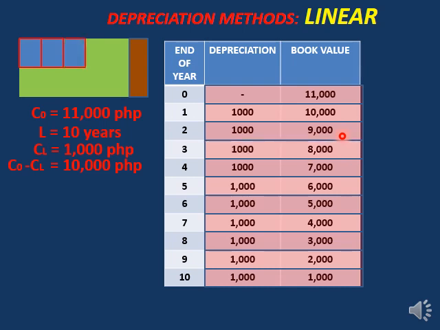And on the third year, the fourth, the fifth, sixth, seventh, eighth year, ninth year. And on the ninth year, another 1,000 pesos has depreciated, leaving only 2,000 pesos as the book value. Now refer to our diagram or illustration here. There is only a small portion left for our service.